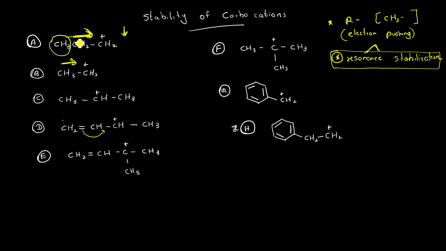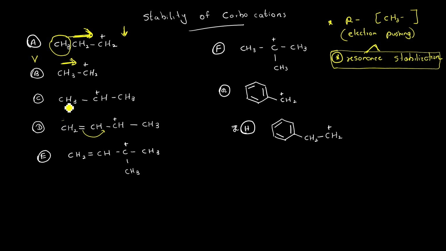We will talk more about this in advanced organic chemistry: only the CH bond can donate electron density towards your carbocation. So having more and more CH3 groups doesn't help that much. Yes, it helps, but by a very tiny amount. So if we compare A and B, then A is more stabilized, but by a very tiny amount.